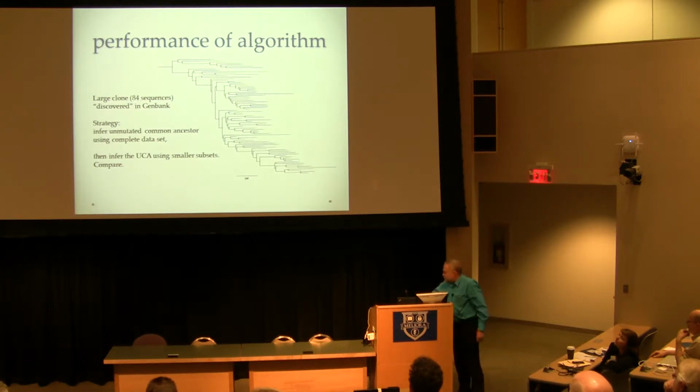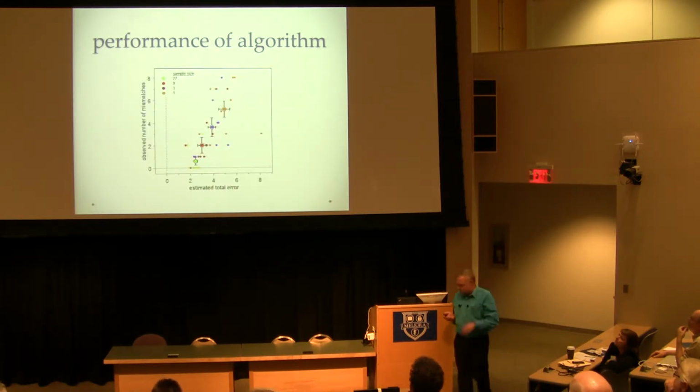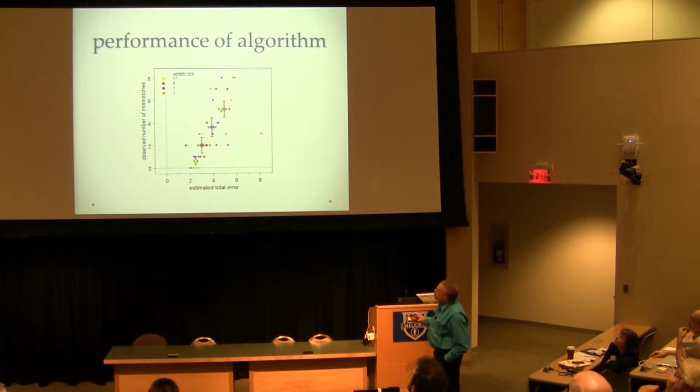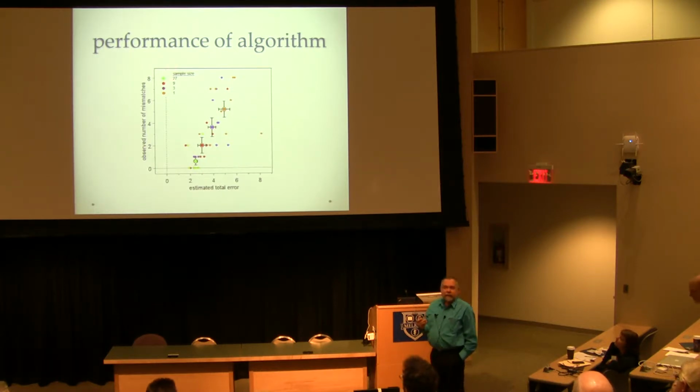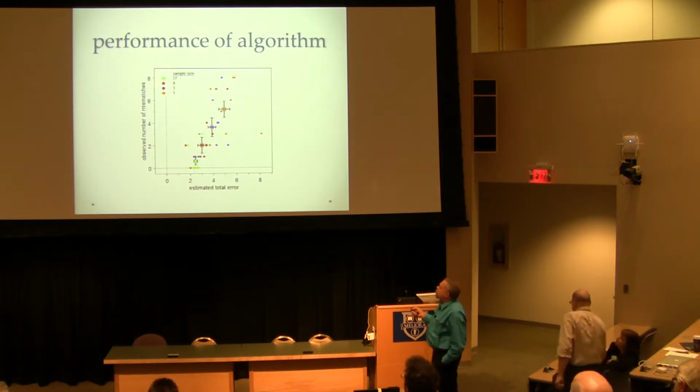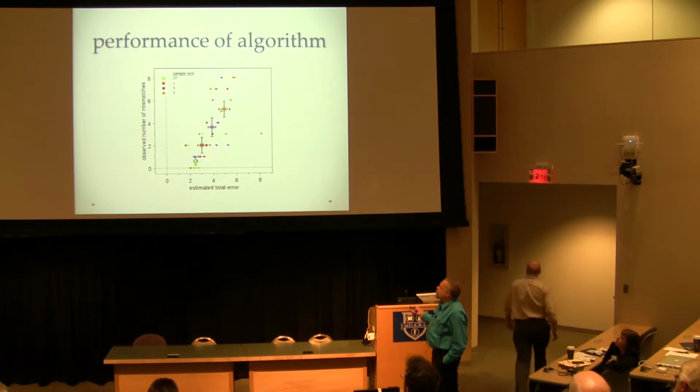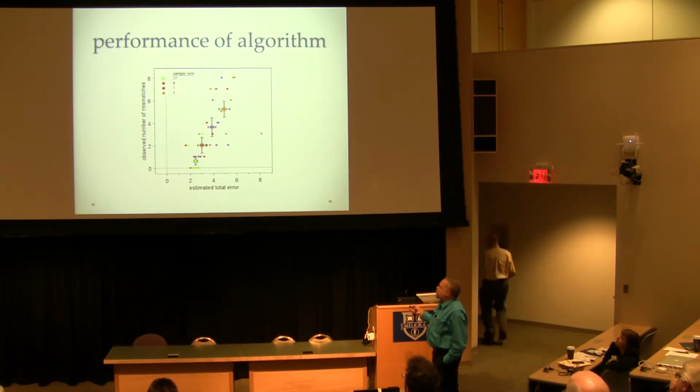So here's what we get. The colors of the dots indicate the sample size. The green dots are 10 subsamples of size 27. The red dots are 10 subsamples of size 9, purple size 3, orange size 1.